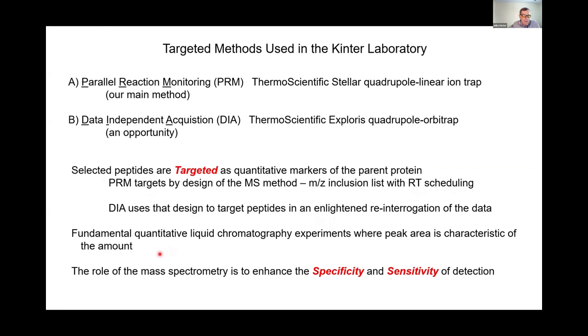Again, these are all just fundamental quantitative liquid chromatography experiments. The chromatographic peak area is characteristic of the amount, and the mass spectrometer, because of the way they operate, enhances the specificity because we have all these mass spectrometry characteristics that the detection has to satisfy. And mass spectrometers are also inherently sensitive, so it enhances the sensitivity of the detection.